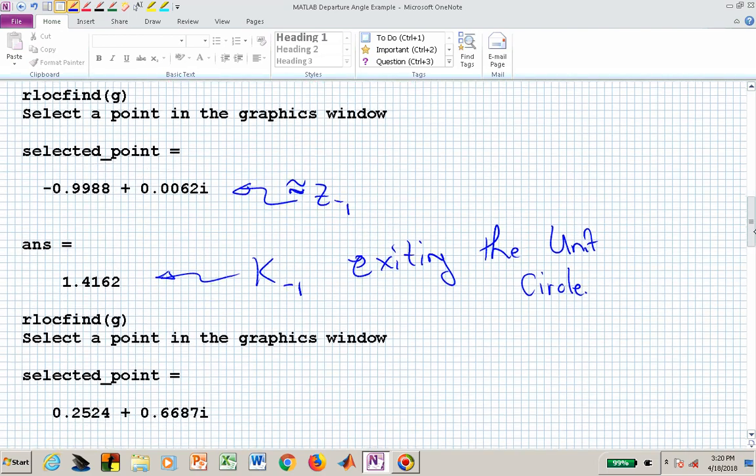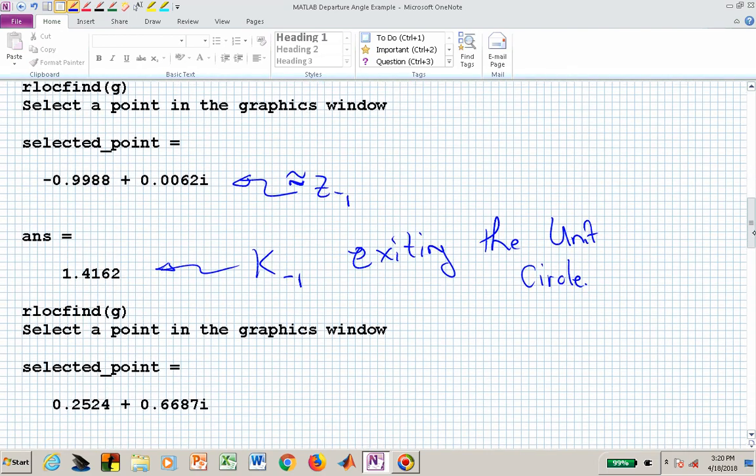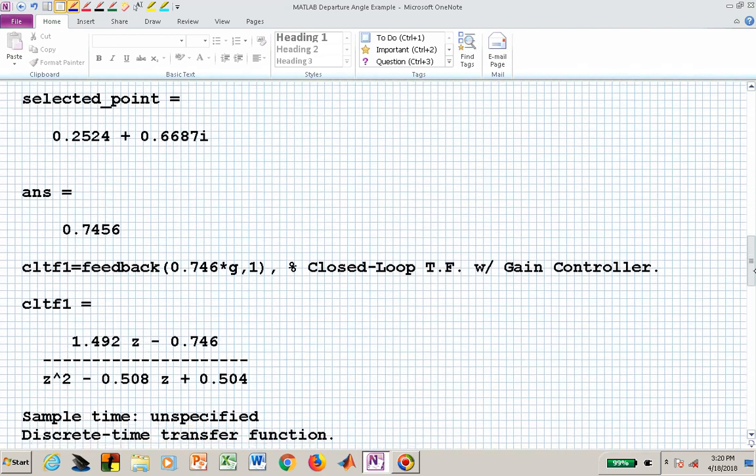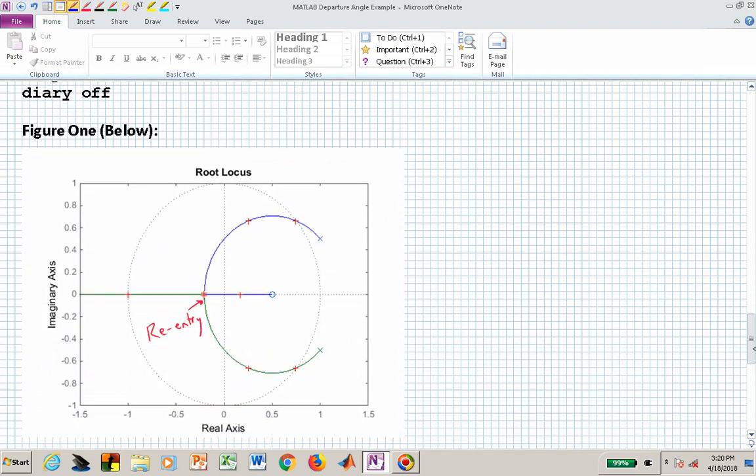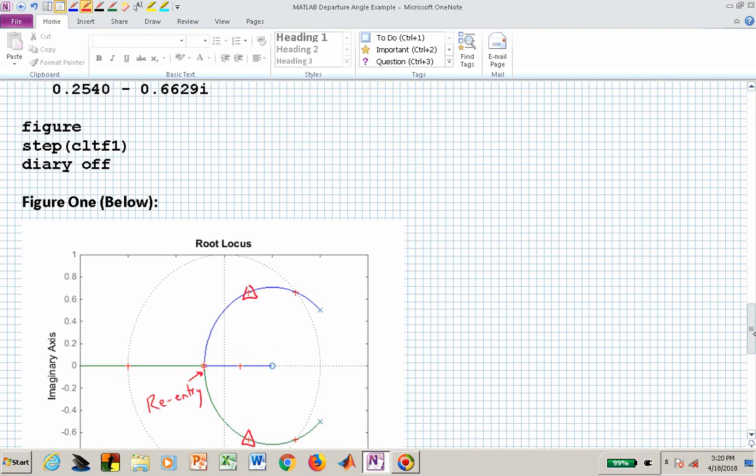I did one more thing. I went ahead and I said, let me now try to find on my root locus some points that I might like to have for closed loop behavior. And I'll call that now my triangle location. I now located my crosshairs with the rlocfind command to be at that triangle location.